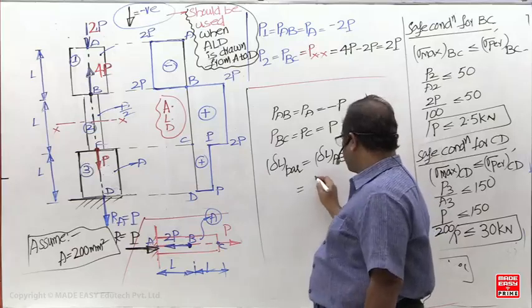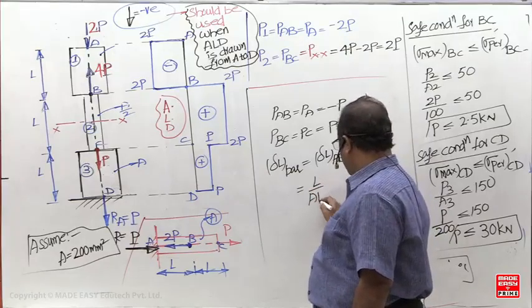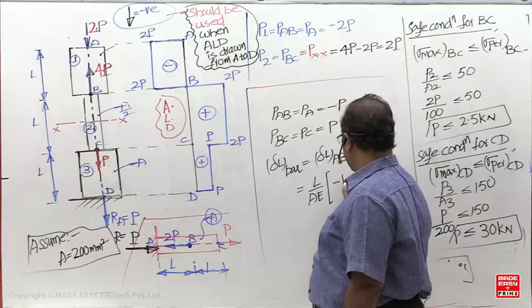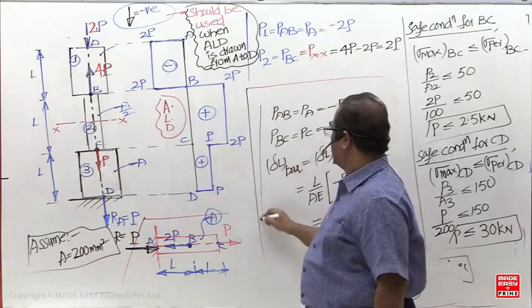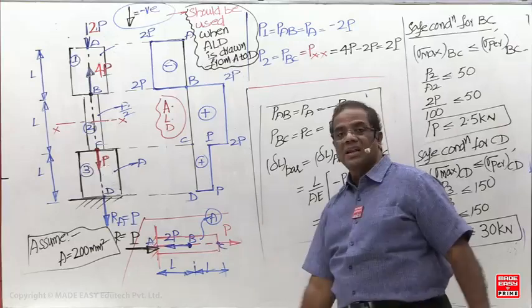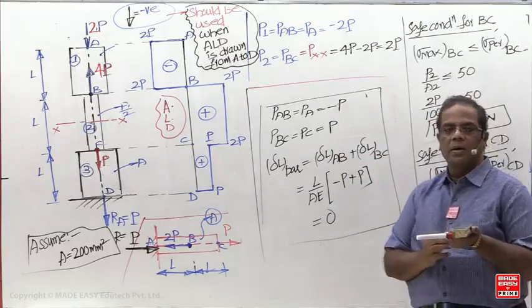In both members, which one is the same? L is the same, AE is the same. What is the load in AB? Minus P. So the total change in length of the bar is going to be 0.